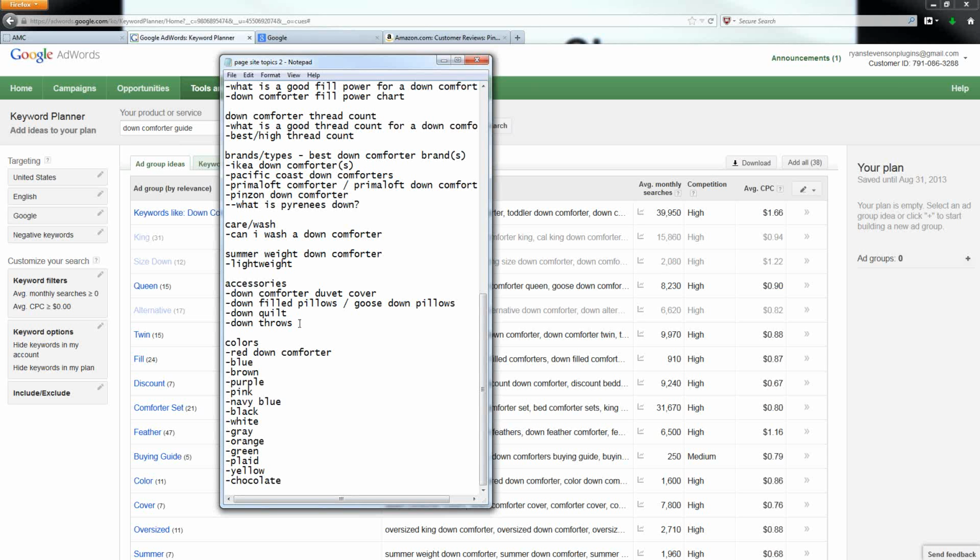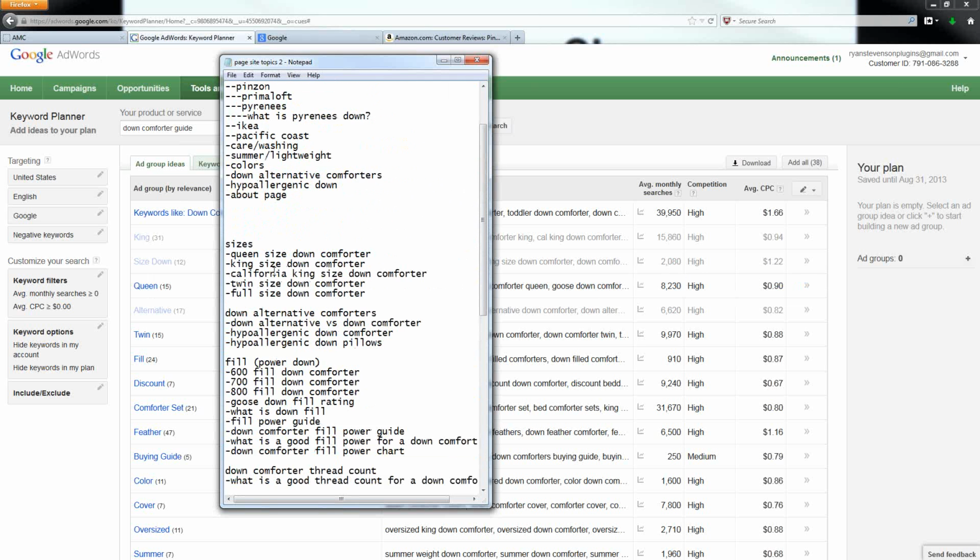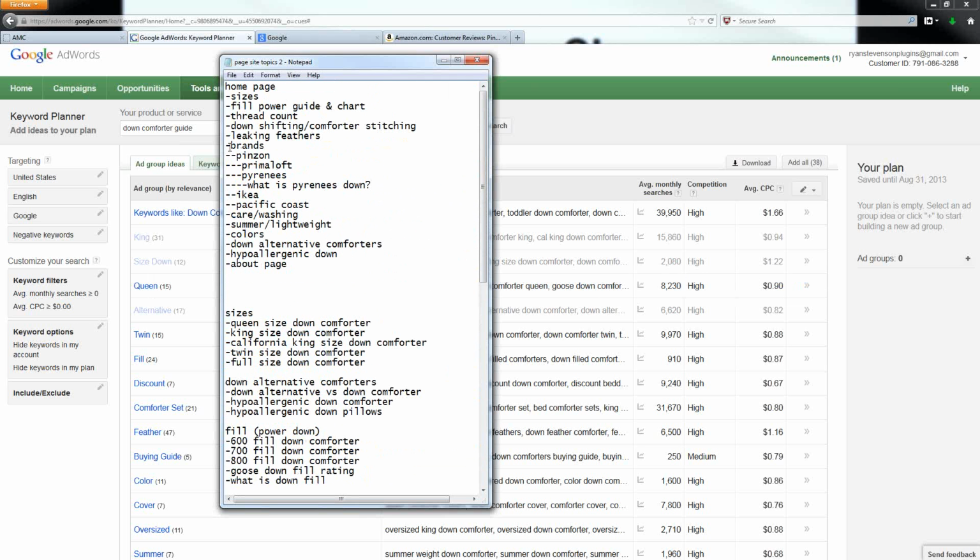Even if I don't end up targeting a page on my site for these keyword phrases now, what I ended up deciding to do in terms of the accessory items was that on these brand pages where I am promoting, yeah, a lot of people do get bed sets, where I'm promoting a specific down comforter on some of these brand pages here.